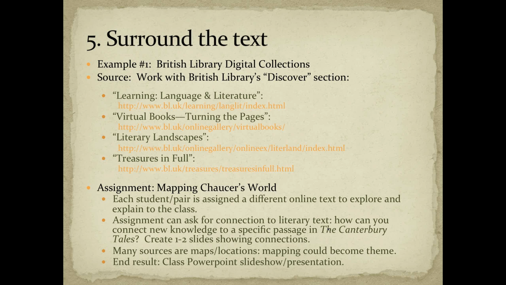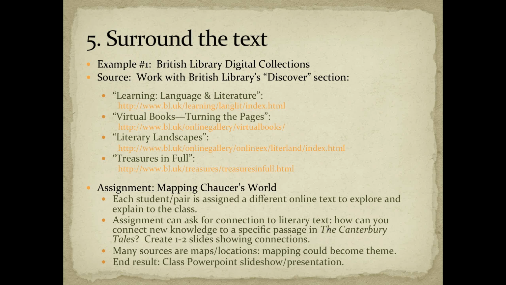It would be very similar to what we opened up with Defoe and surrounding Journal of the Plague Year with plague materials. So with the British Library, they have wonderful materials that I've listed down here with these bullets: language and literature, turning the pages, where they show virtual books where you can turn the pages, literary landscapes, and treasures in full. So I would use this material, for example, to create an assignment around mapping Chaucer's world.